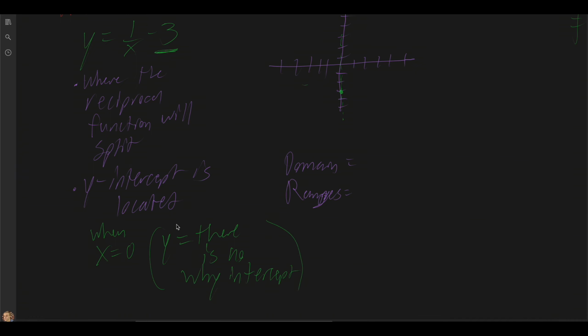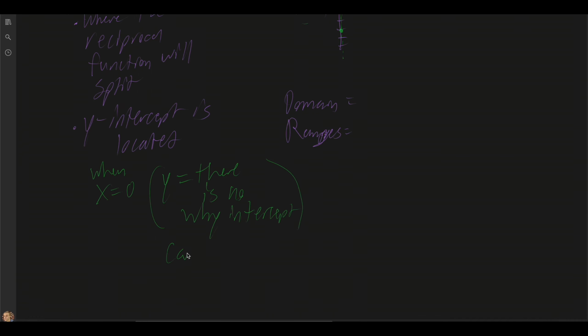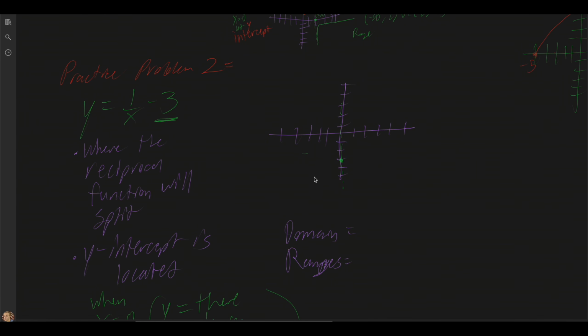Cannot divide by 0. Doesn't make any sense. So there is no y-intercept, and so we can just pinpoint this bad boy over here, and it will just go in its normal fashion between the curves, as we already know.